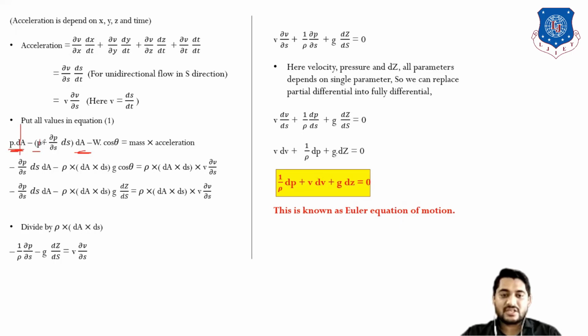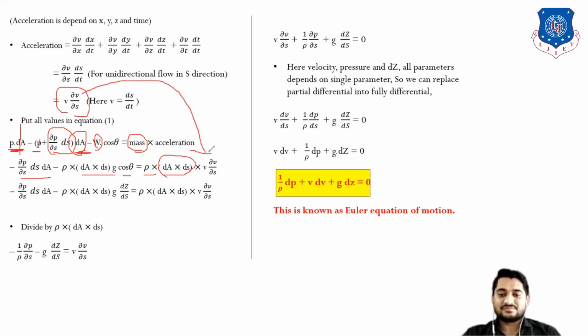So this P into dA and that P into dA got cancelled. What is remaining? This minus sign and del P by del S ds into dA. So minus del P by del S ds into dA, minus sign again. For W, we have found rho into dA ds into G cos theta as it is. For the value of mass, mass is equal to rho into volume dA ds, we found earlier. Acceleration is this v del v by del s.